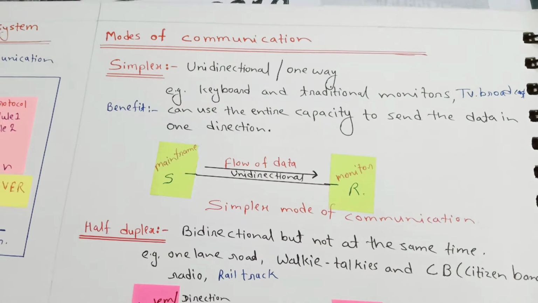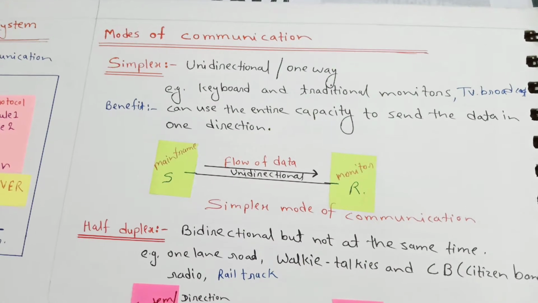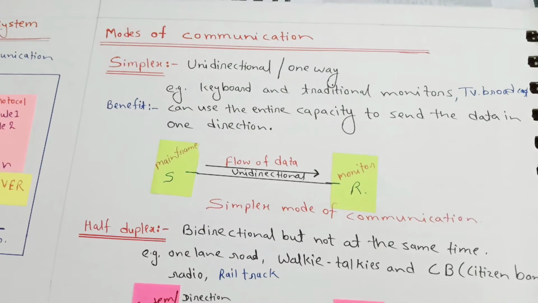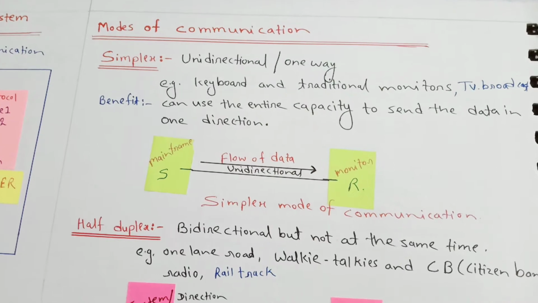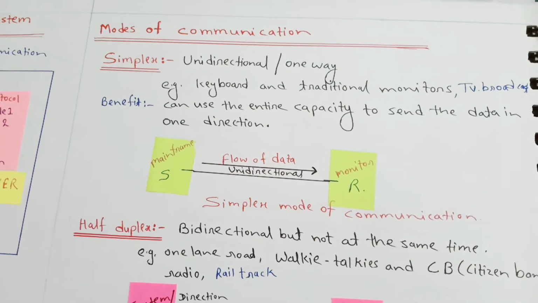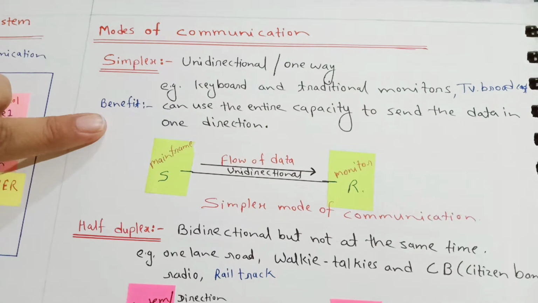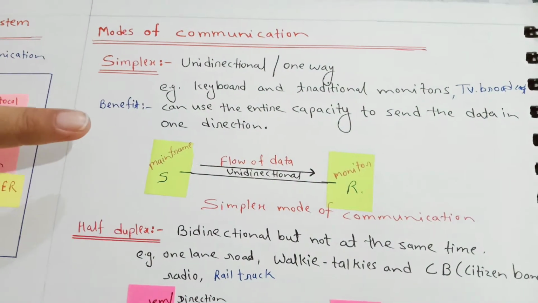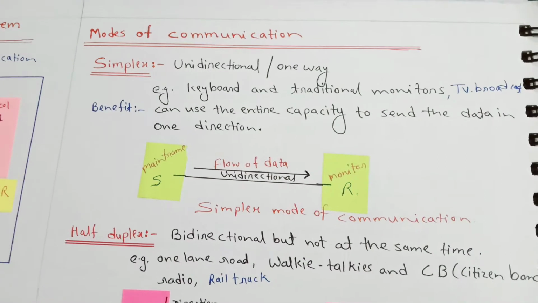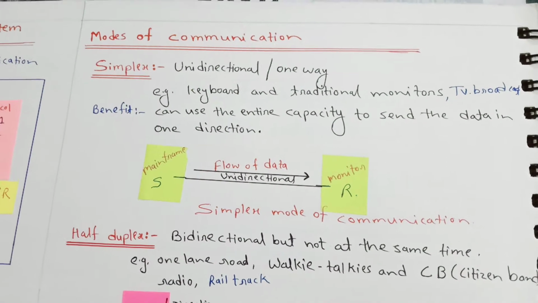Then this is called unidirectional. So the complete capacity of keyboard is used for sending the data, only sending the data. Then this is the benefit, we can use the entire capacity of source to send the data in one direction.